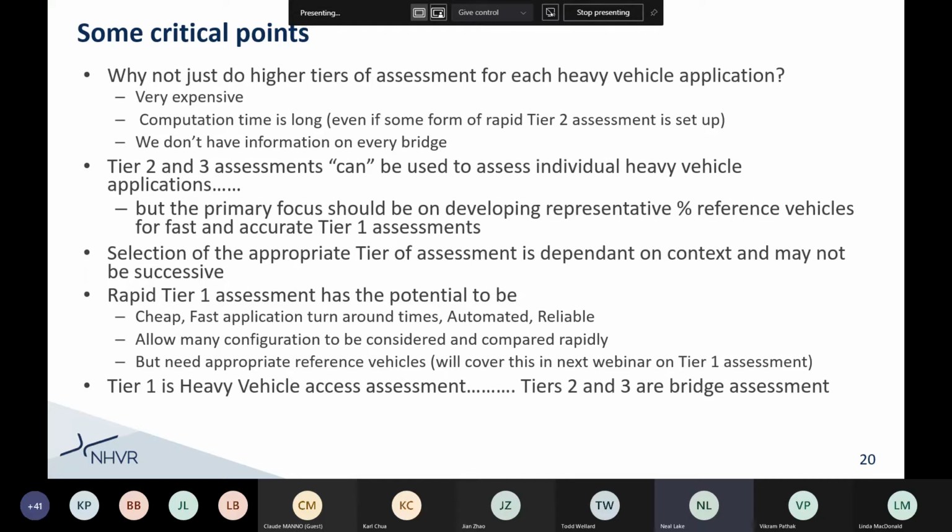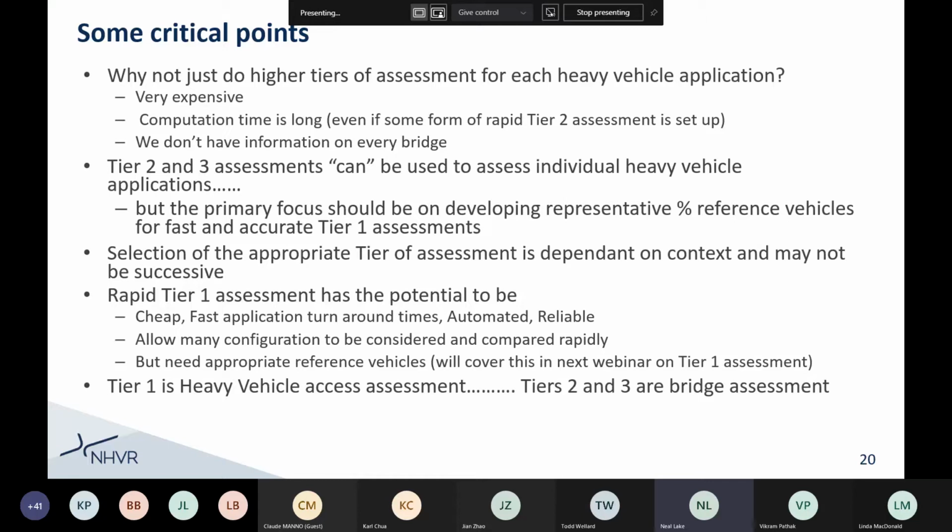And what it can do is allow us to consider many configurations and do this very rapidly. But for all of that to work, we have to have appropriate reference vehicles. Tier 2 assessment is one of the ways to get appropriate reference vehicles, but there are others. And I will cover that in the webinar on Thursday on Tier 1 assessment.